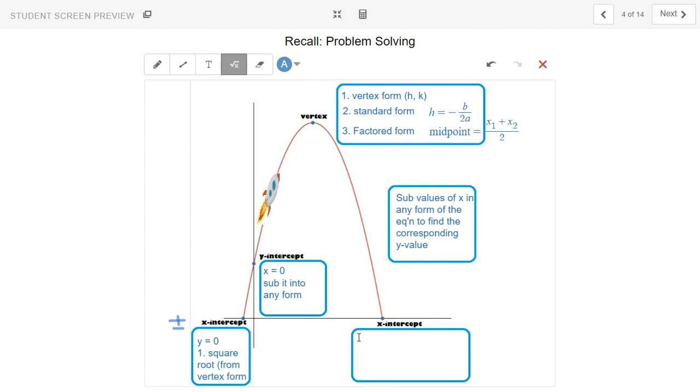A second way for us to find the x-intercept is to factor. If we factor and we make each bracket equal to 0 and solve, we would get the x-intercept. Third way is to use the quadratic formula, where we have negative b plus or minus square root of b squared minus 4ac over 2a.